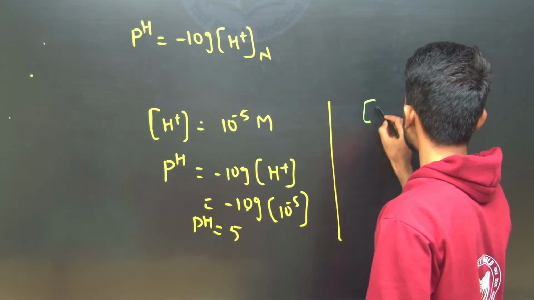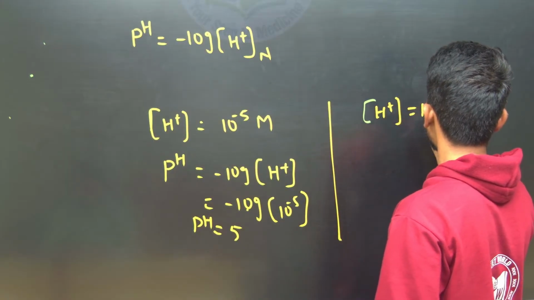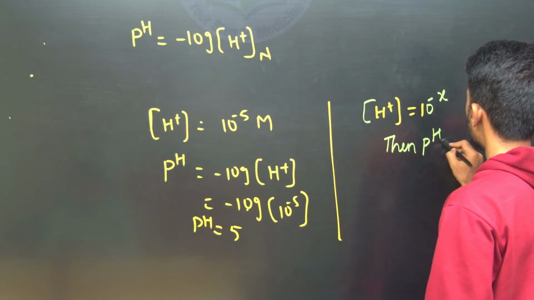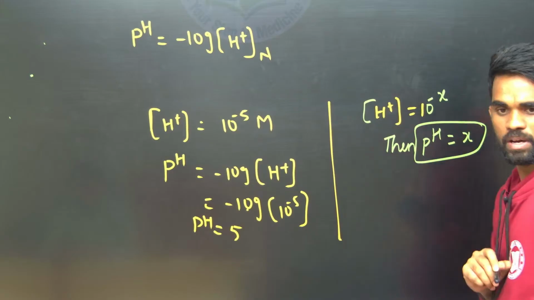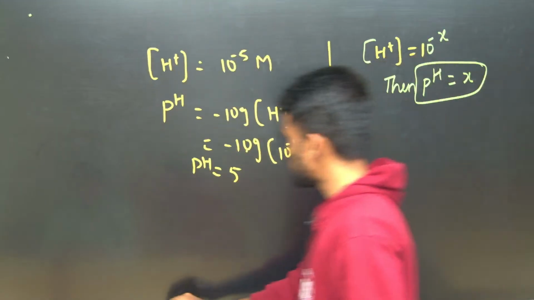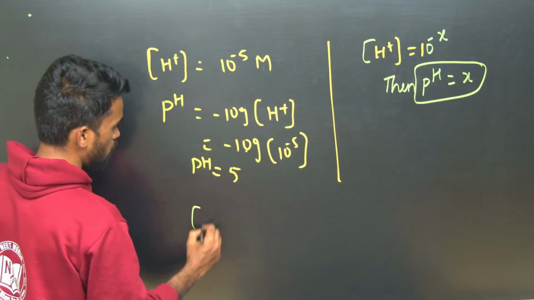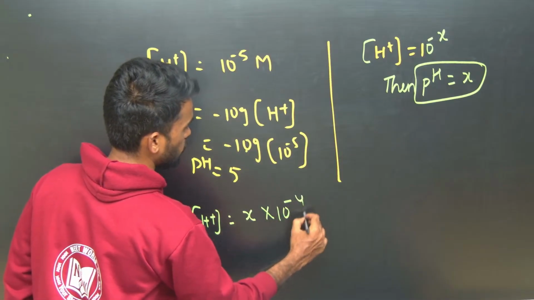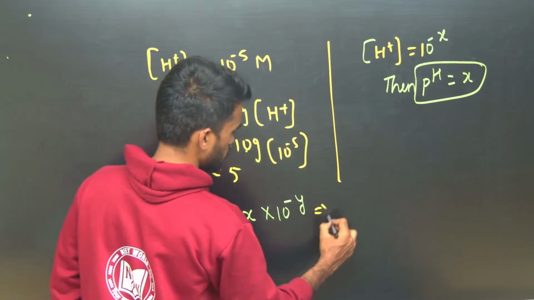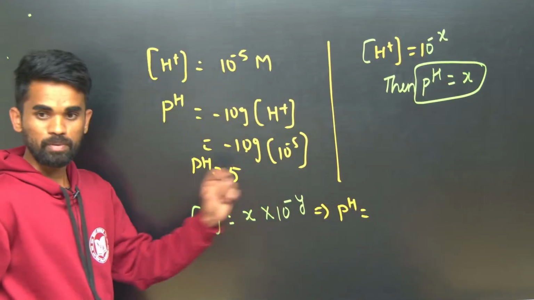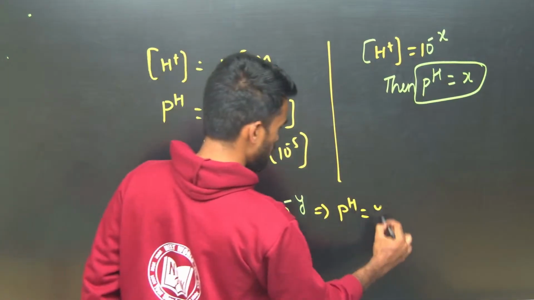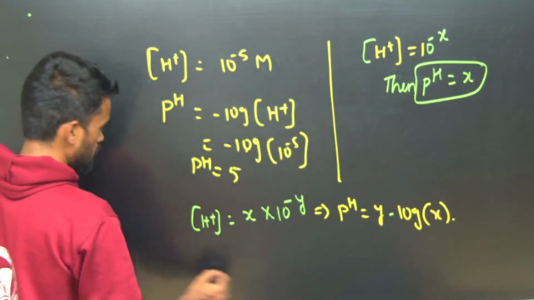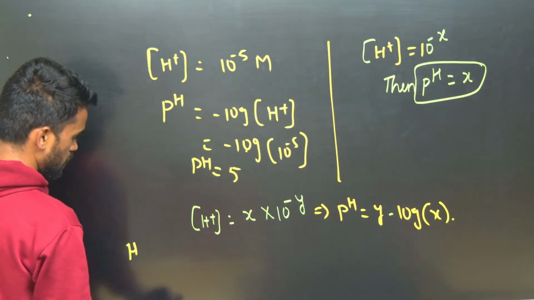If the concentration of H plus ion is 10 power minus x, then pH is x, like we studied yesterday. If the concentration of H plus ion, in normalities, is in the format x into 10 power minus y, then what did I tell you for pH? pH is y minus log x.